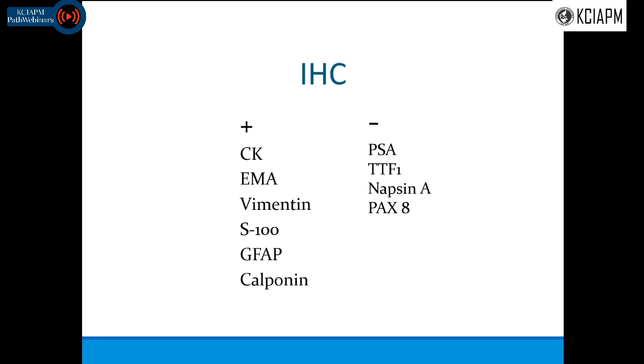We did other markers and this is how it fit: CK, EMA, Vimentin, S100, GFAP, calponin were all positive in this case, whereas this tumor was negative for PSA, TTF1, Napsin A, and PAX8.